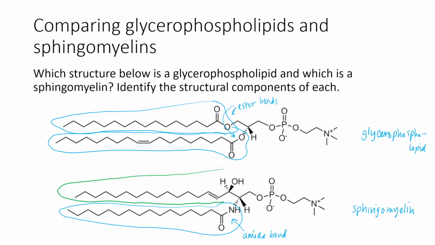And then the whole rest of the backbone also includes this amino group and these two alcohols, right? There's a trans double bond. We have this amino.